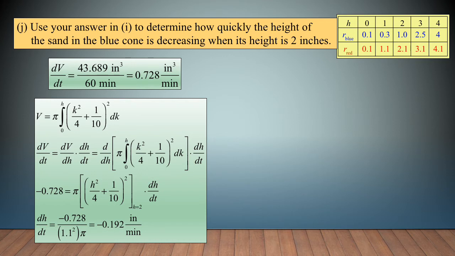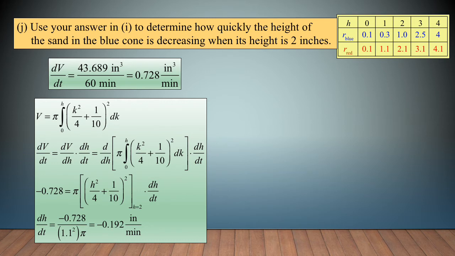So we have negative 0.728, which is our dV/dt, equals pi times (h squared over 4 plus 1/10) squared at h equals 2, times dh/dt. And therefore, solving for dh/dt, we get negative 0.728 over, plugging in our value of h equals 2, 1.1 squared pi.